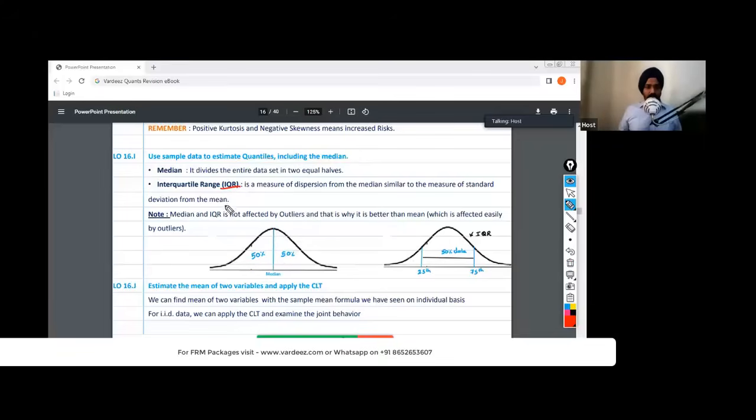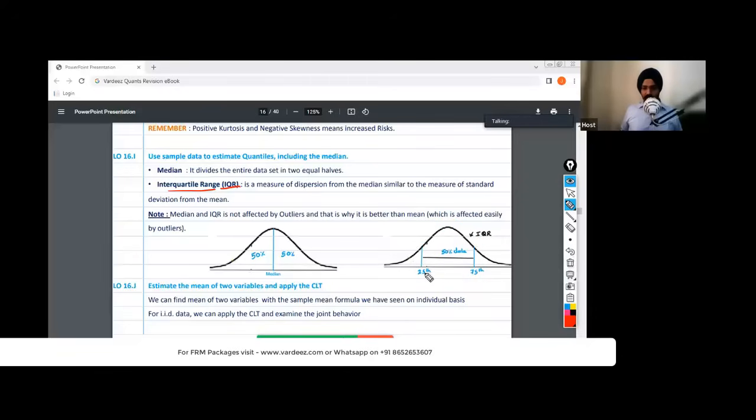What about the interquartile range? Look here at the interquartile diagram. It divides the entire distribution. So if this is my median, this interquartile range will divide it here and will divide it here.